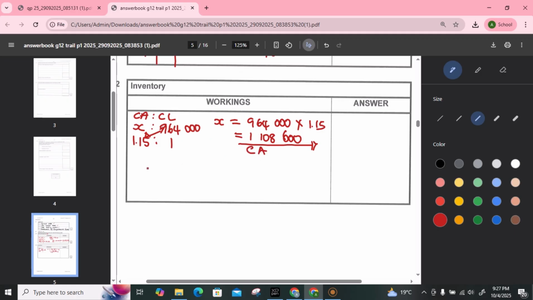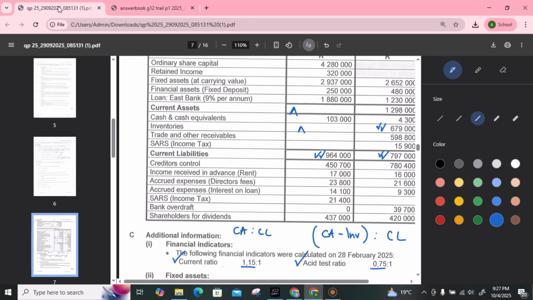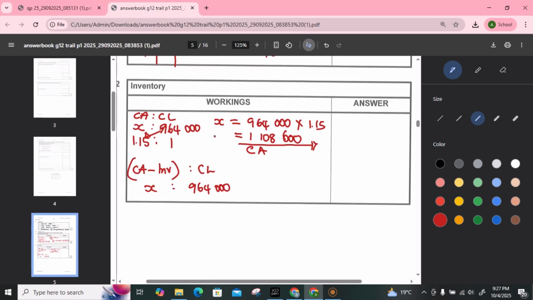If you apply the same formula and say we know that we have said current assets minus inventory as to current liabilities to get the asset test, that will be X amount again as to 964,000. When these two figures were applied, the final answer that we got is 0,75 is to 1.